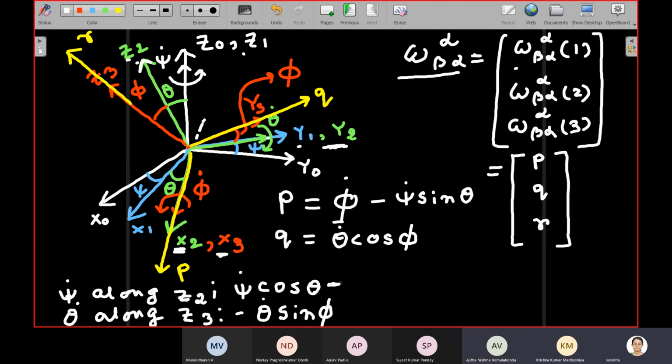Z2 can be resolved in Z3 and Y3, like Z2 cos phi, Z2 sin phi is along Y3. I mean psi dot cos theta sin phi is along Y3 in the Q direction. Is it? Yes.